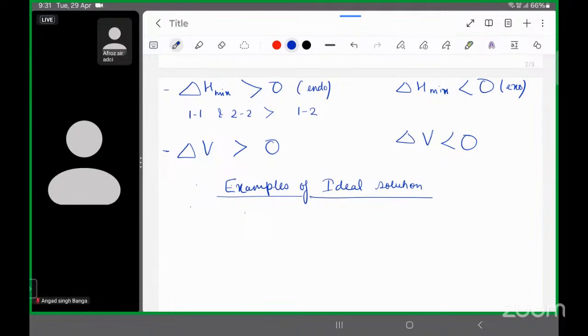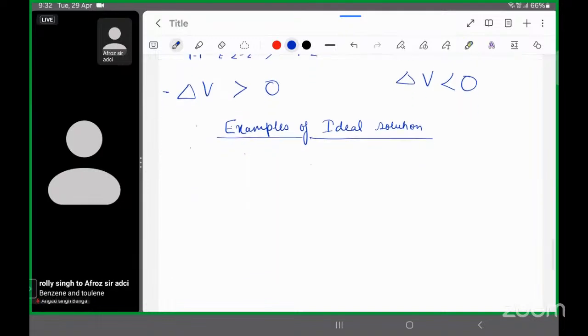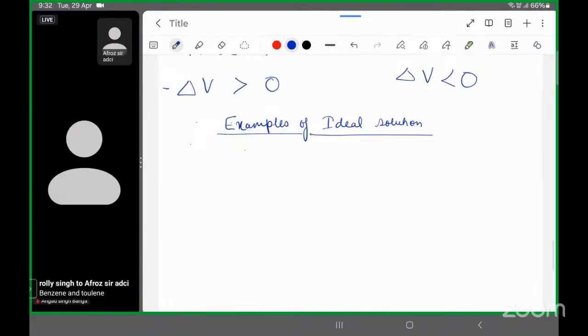What we have seen in an ideal solution is that the interaction should be the same between solute and solvent. So the examples are of the same type of molecule.